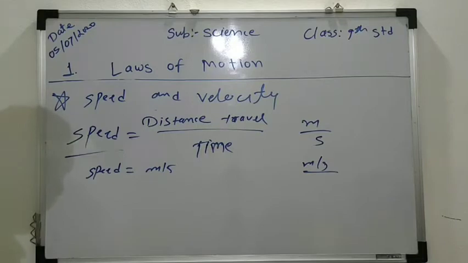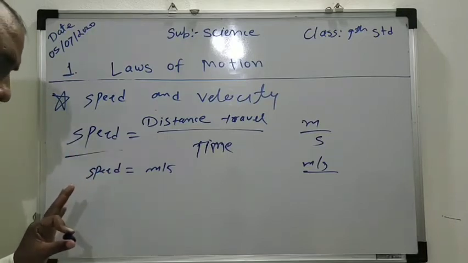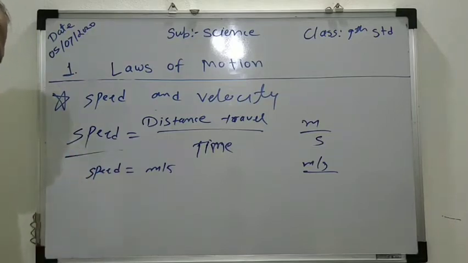What about velocity? The distance travelled in one given direction by the object in unit time is called the velocity. The unit can be 1 second, 1 minute, whatever.